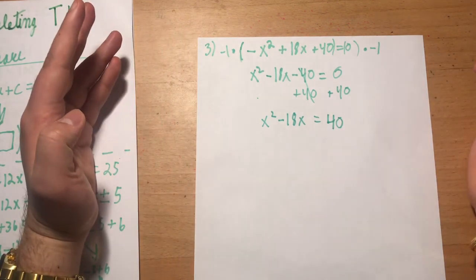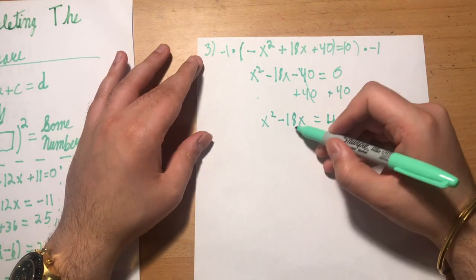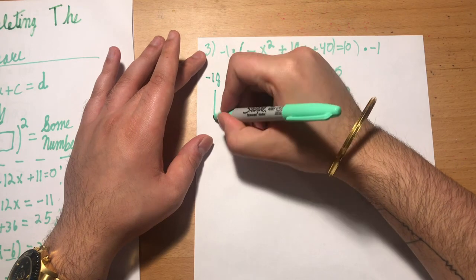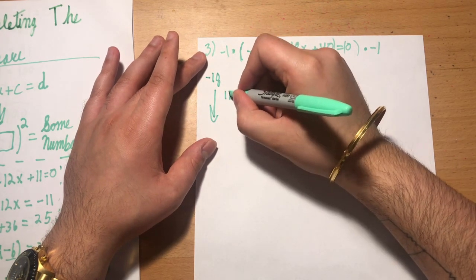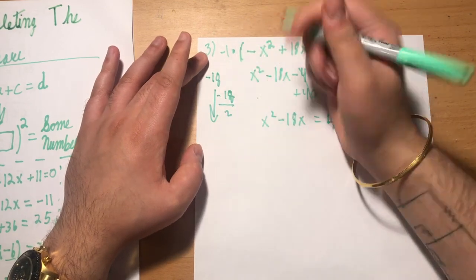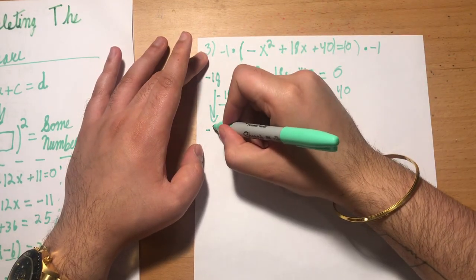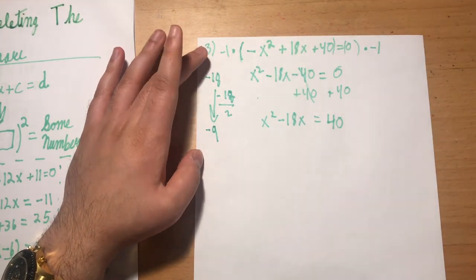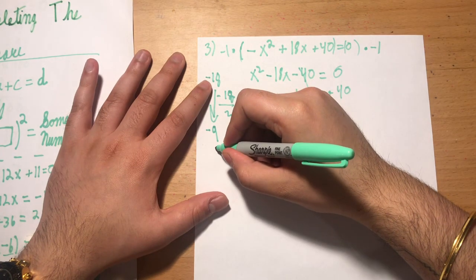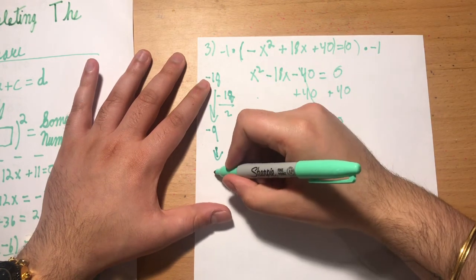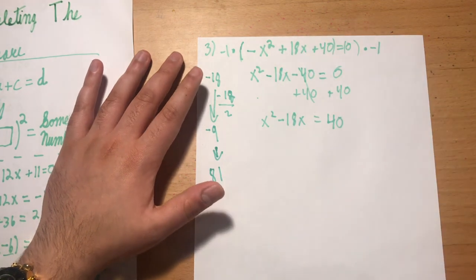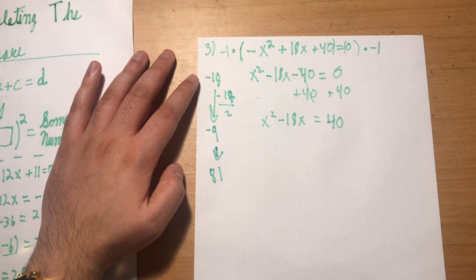Now I need to find that special number. Okay, we're going to take this negative 18, minus 18. We're going to cut it in half, and we're going to get negative 9. And then we take that negative 9, we square it, and that gets us 81. Okay? Now 81 is what we add to both sides.